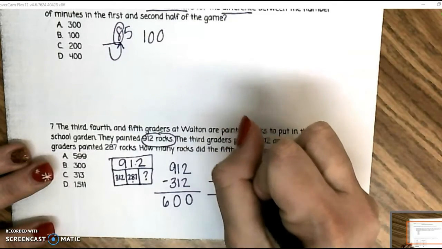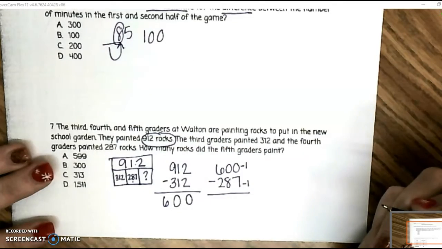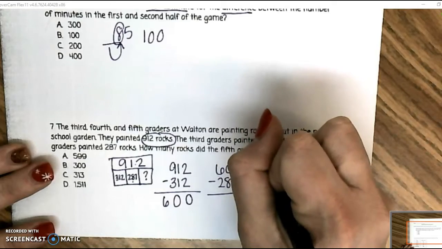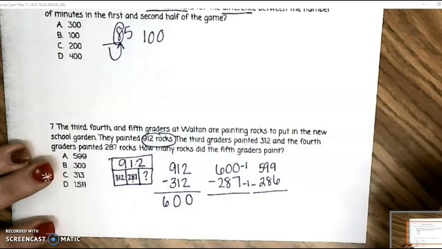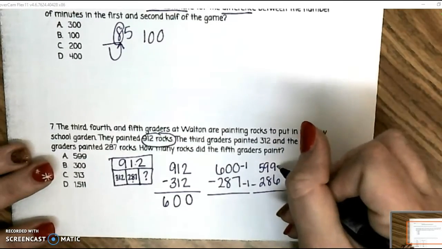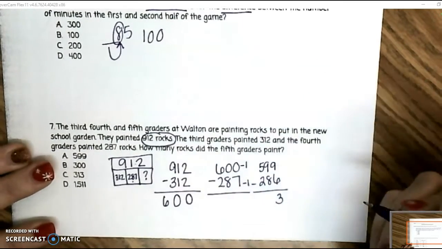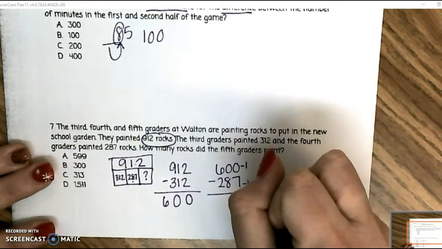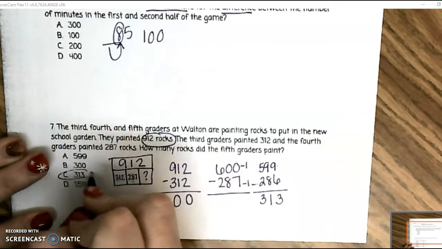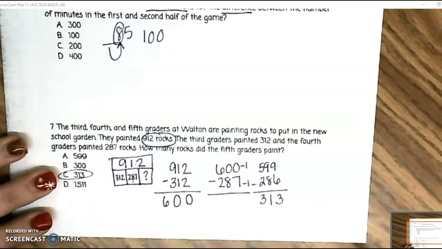So I can subtract 1 from each of those numbers here, making this 599 and this 286, and I'm going to get the same answer without having to do any borrowing. So 9 minus 6 is 3, 9 minus 8 is 1, and 5 minus 2 is 3. So my answer is 313. That's how much the 5th graders painted.